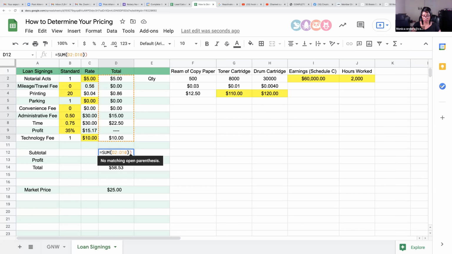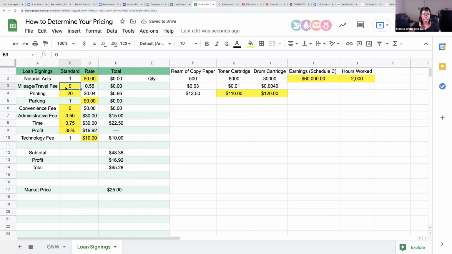All right, so now that you have everything added up, let's make sure that's a subtraction. Awesome. Okay, so for a loan signing involving a RON, we're not necessarily charging per notarial act.